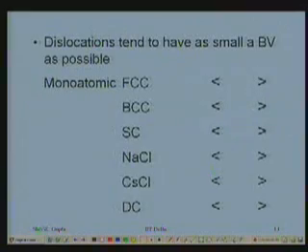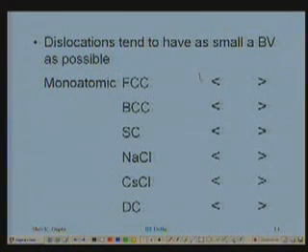So I am considering the monatomic FCC crystal, and what is the smallest distance between displacement which you can do from one location to another for an atom in FCC? The smallest displacement you can do is from corner to the face center, which I can write as 1 by 2 of 1 1 0.